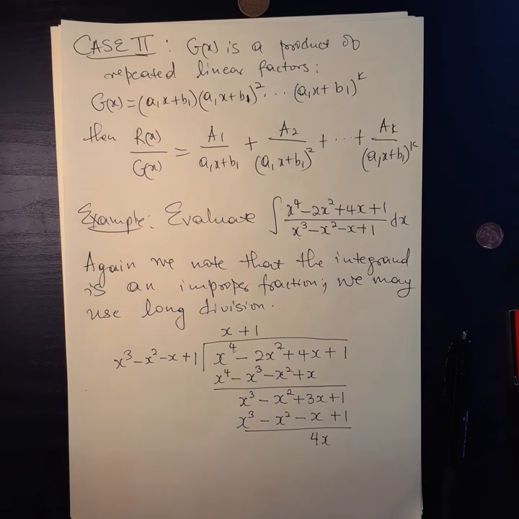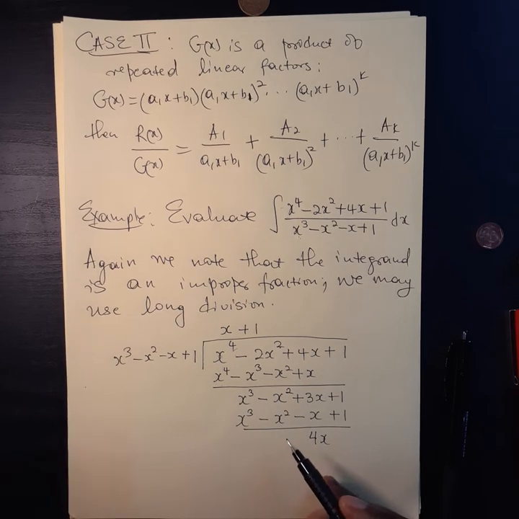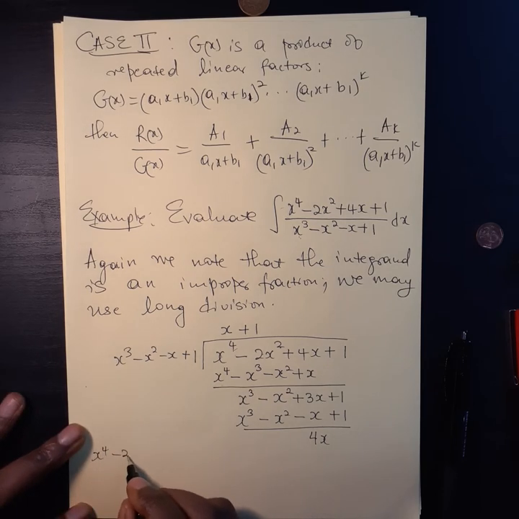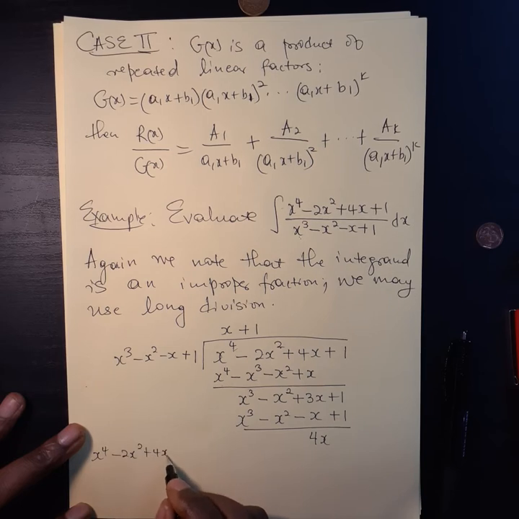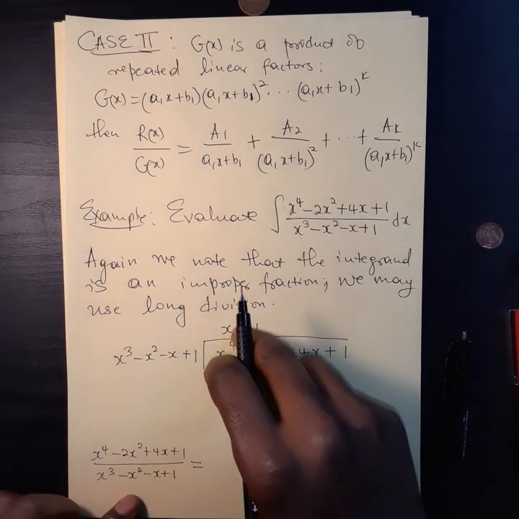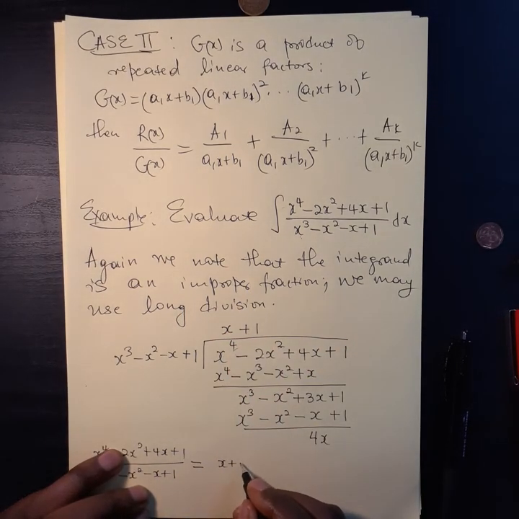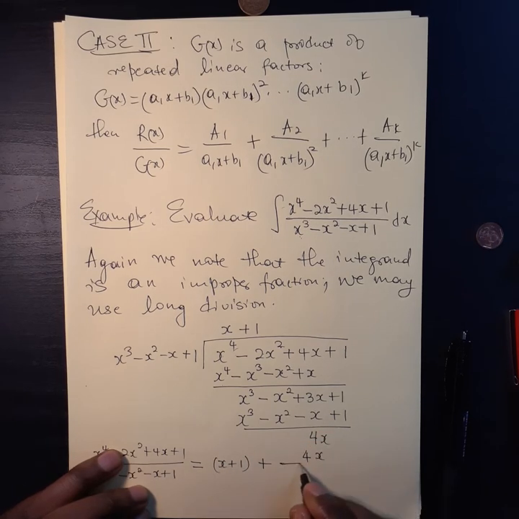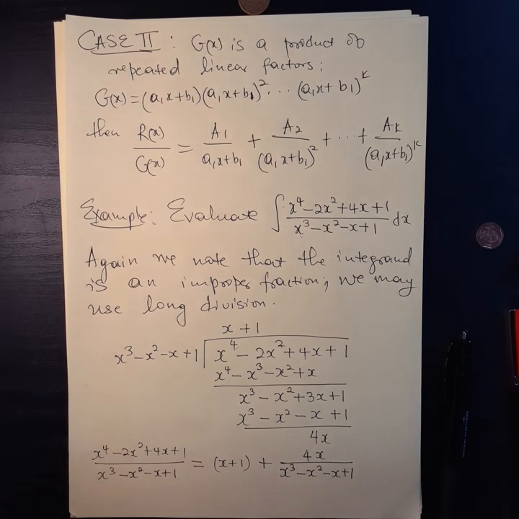So we can see now that what we started off with, (x to the power of 4 minus 2x squared plus 4x plus 1) divided by (x cubed minus x squared minus x plus 1), can be written in terms of the quotient, which is x plus 1, plus the remainder, which is 4x, over the divisor, which is x cubed minus x squared minus x plus 1, like that.